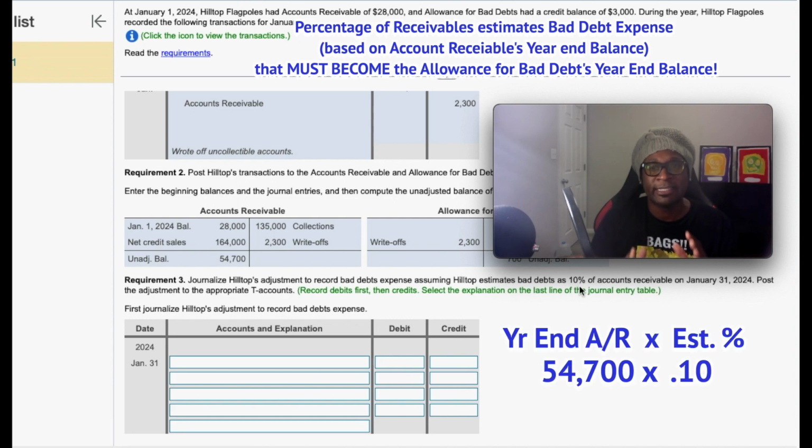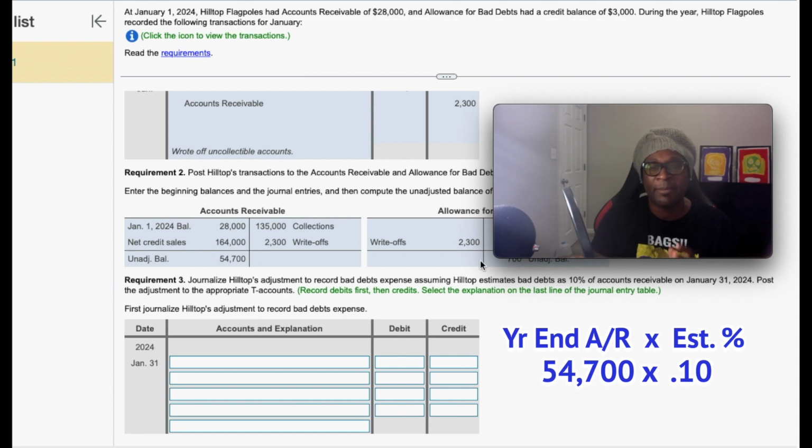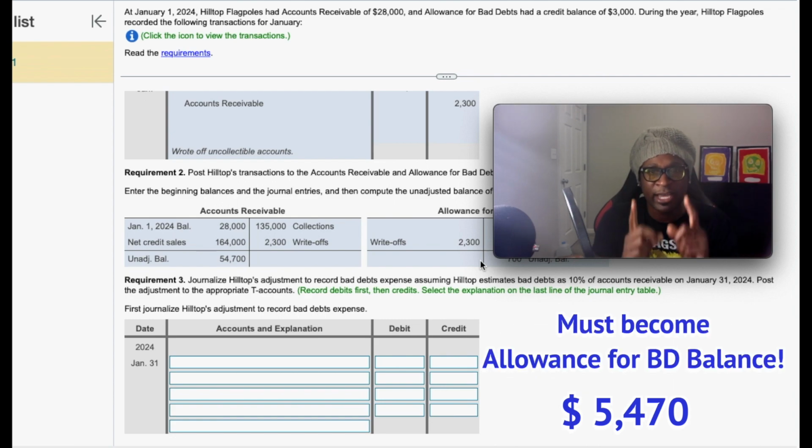Therefore, we're going to take that 10% of estimated bad debt and multiply it times our ending balance of accounts receivable, which happens to be $54,700. That gives us a total amount of $5,470. That new calculated amount must become our allowance for bad debt.